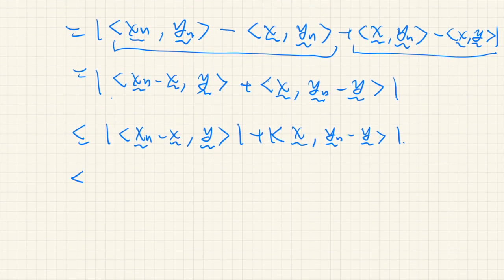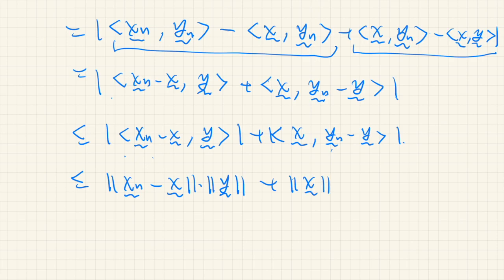Okay, now we can use the Cauchy-Schwarz inequality on both of these terms. So we have the norm of xn minus x times the norm of y, and the norm of x times the norm of yn minus y, which converges to, both of these, this converges to 0 and this converges to 0.